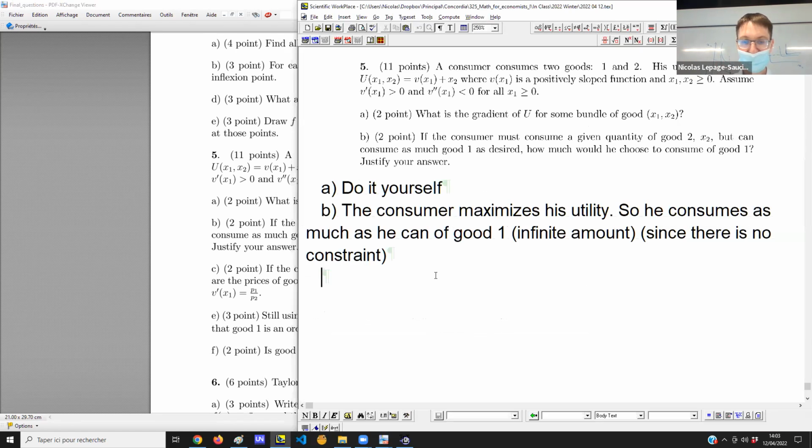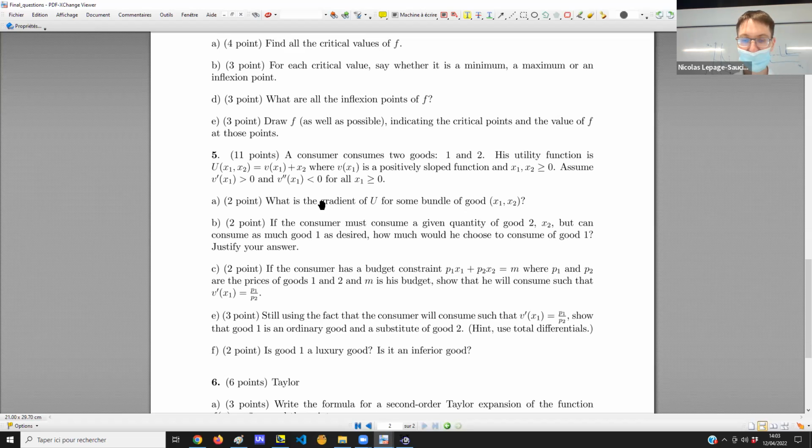Something not too complicated, because sometimes you get messy stuff.